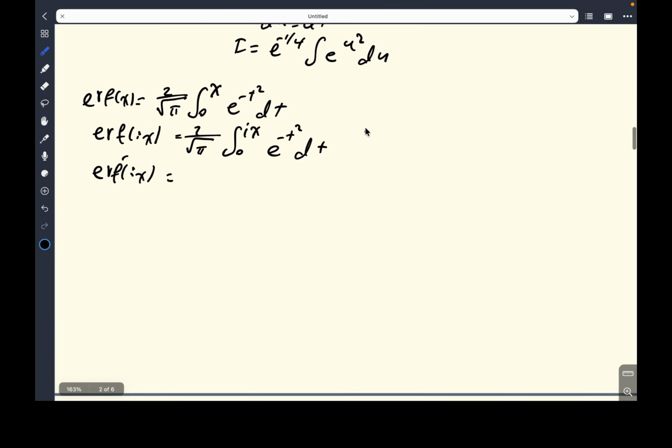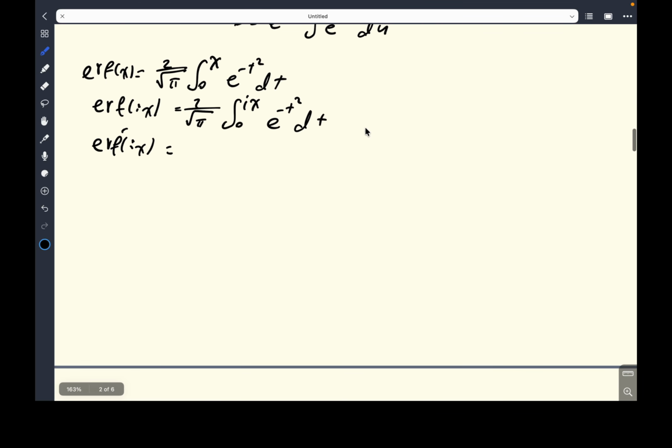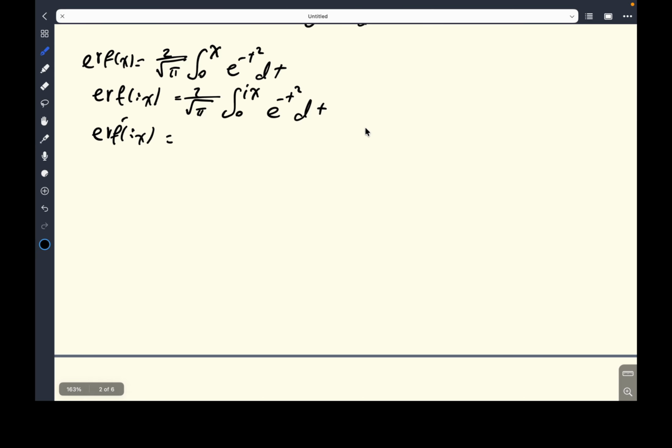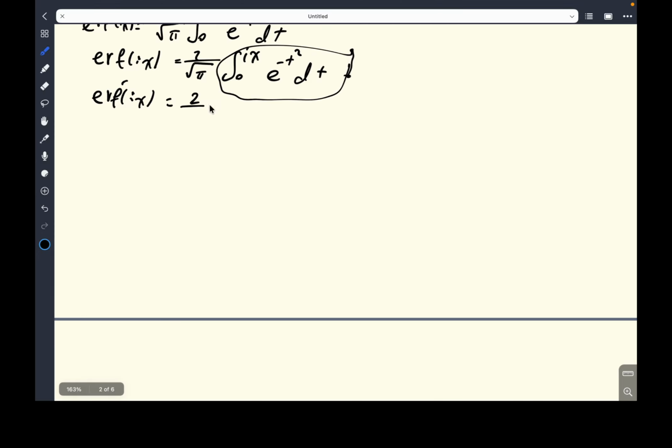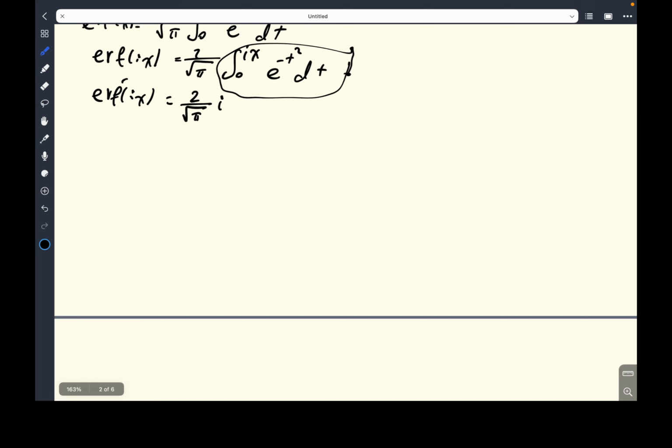So if you plug in all the things here, we're going to get the partial derivative with respect to x of the inside, and e to the negative t squared is a constant with respect to x, thus the derivative is going to be 0. The only non-zero component of this is 2 over root pi times i multiplied by f of b of x and x, which is e to the negative ix squared.